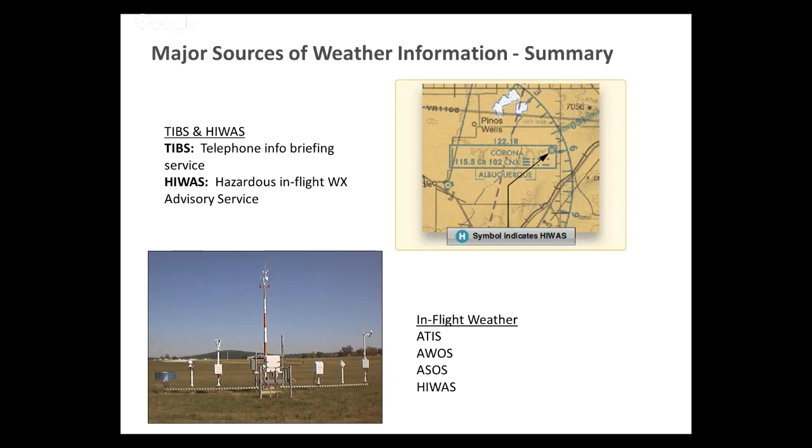Automated weather observation 2319er. Zulu weather wind 340 at 7. Visibility 10. Clear below 12,000. Temperature 30 Celsius. Dew point 16. Altimeter 2,996 remarks. Density altitude 2,700. You guys able to hear that okay?